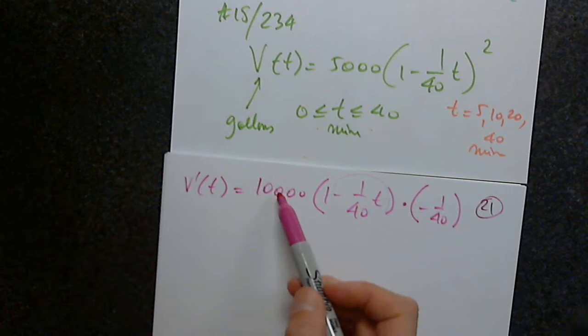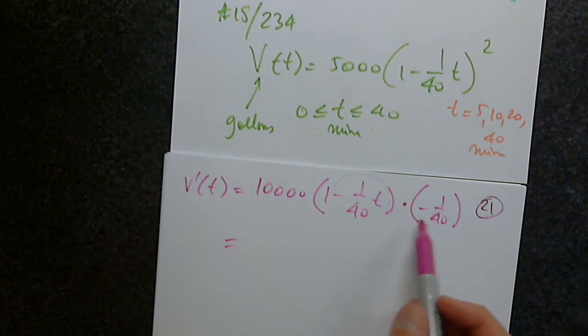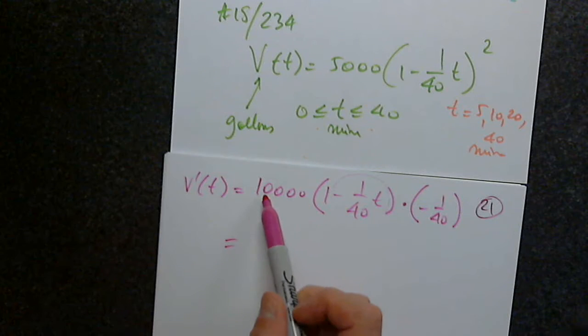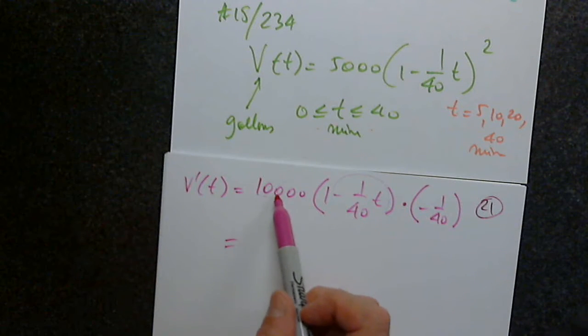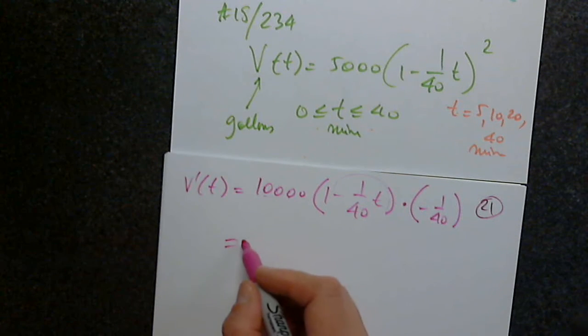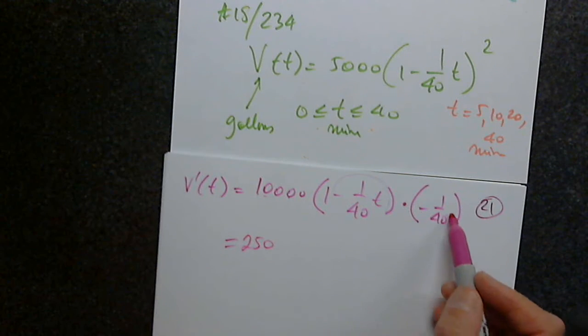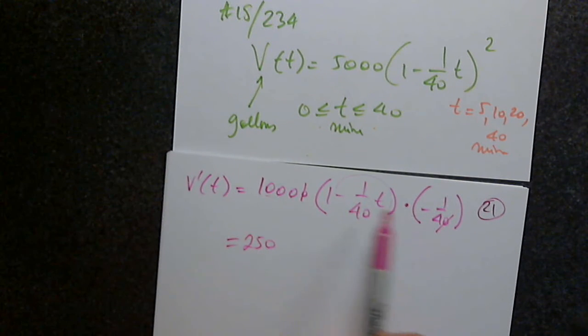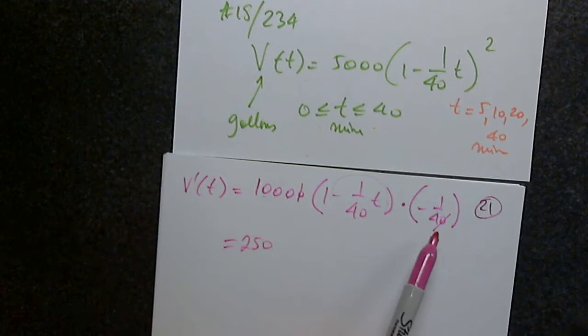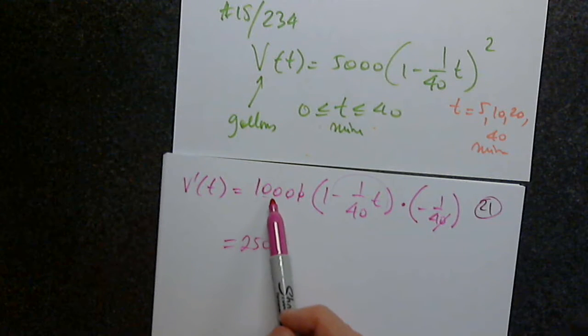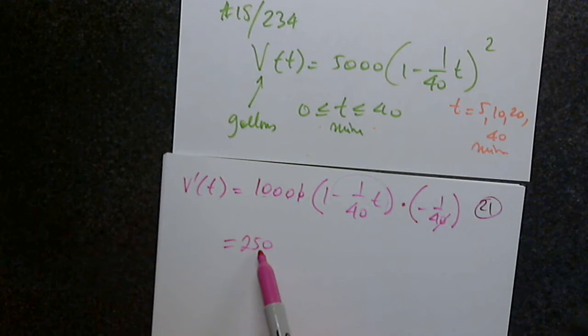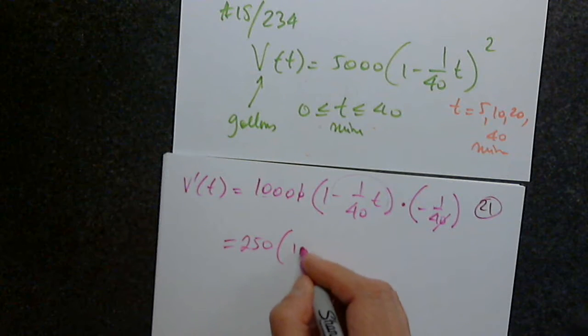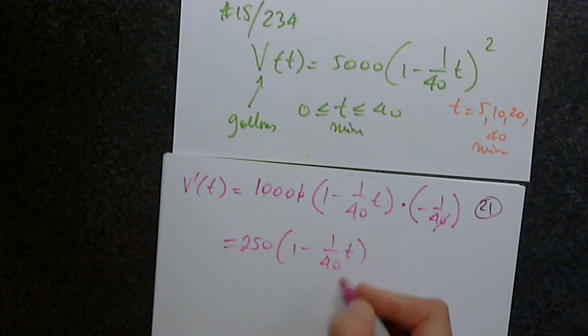I will simplify. What do I get? This will be 250, because I simplify a 0, and then 1,000 divided by 4. So it's 250, correct? Times 1 minus 1 over 40 times t.